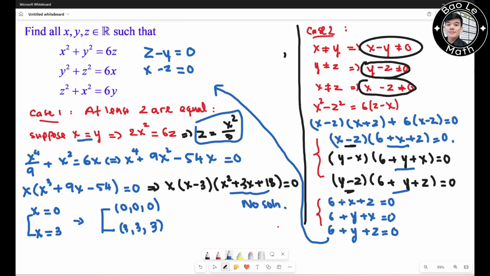Subtract the third one from the first one, it's going to be x minus y equals 0. So it tells us that z equals y, x equals z, x equals y, which contradicts the assumption. So this case has no solution.